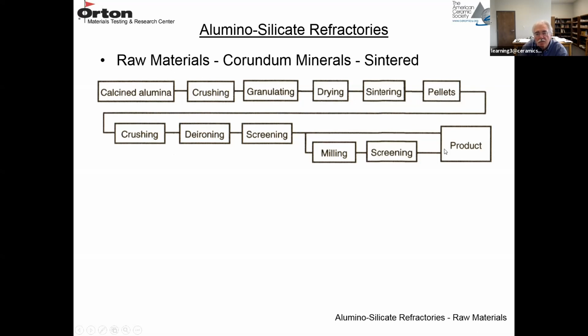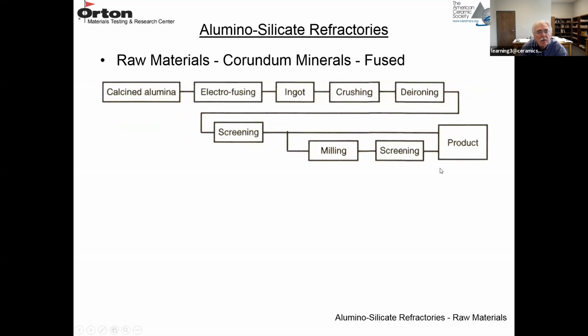So you have a range of particle sizes as the output. The fused material is simply melted in an electric arc furnace, poured into an ingot, crushed, and may go through a cleaning process where the iron level may be reduced. They can be screened for coarse particles and milled for finer particles.